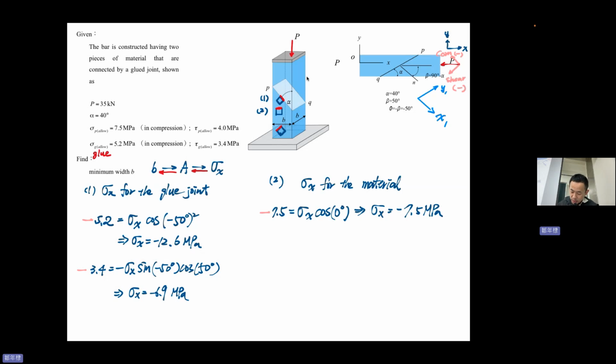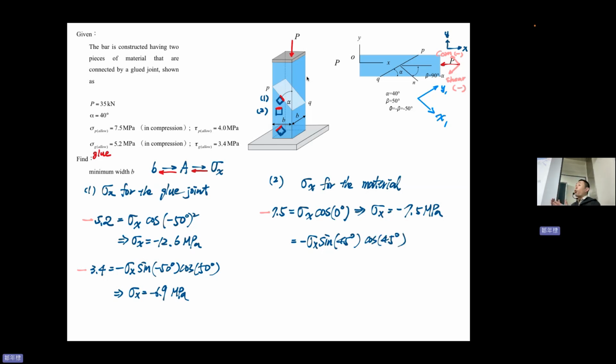Again, next one. And of course, this is minus sigma x sine 45 degree and cosine 45 degree.